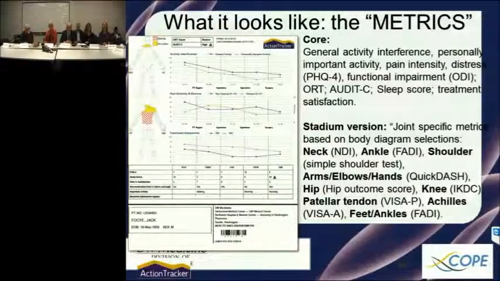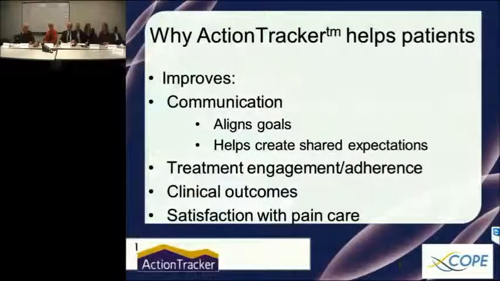The action tracker looks like this. It's a little bit small for you to be able to see everything. One nice feature is that as you click on body parts, it will key up particular assessment instruments, the NDI, the FADI, basic on ankle, the simple shoulder test, etc., for other body areas, so you can track in detail how people are doing on a particular joint.